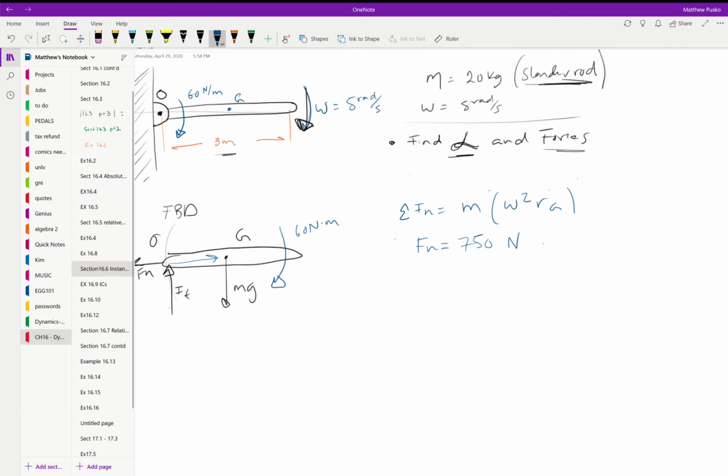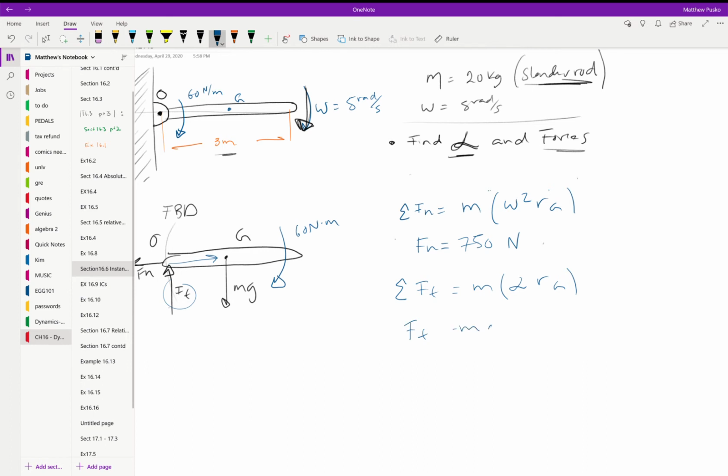Okay, what about the forces in the tangential direction? It's going to equal, we learned last lecture, alpha r g. And what kind of forces do we have going in this case in the y direction, or the tangential direction? I have this tangential force at the pin.